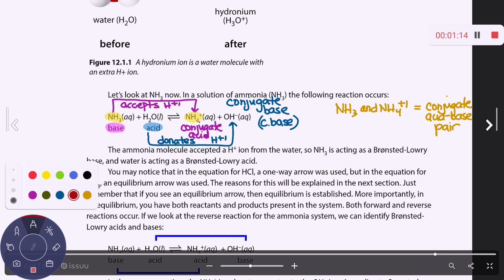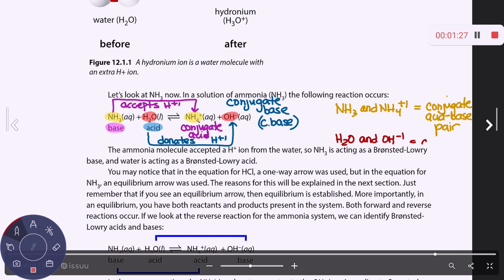Then H2O and OH-1 are also conjugate acid-base pairs. Okay, so every equation that we look at should have two conjugate acid-base pairs. Does that make sense? Okay.